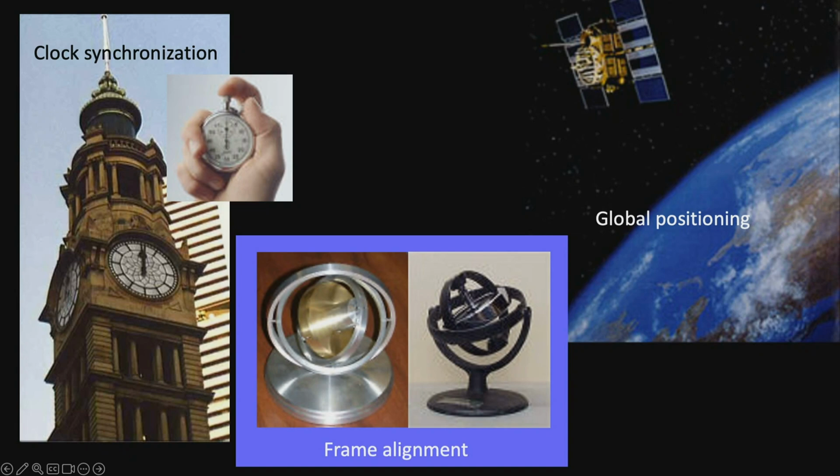Well, it turns out there's a lot of important tasks like clock synchronization, aligning Cartesian frames, which are maybe represented by some gyroscopes you have, or the global positioning system, which can all be thought of as ultimately about symmetry breaking. So what is a clock? It's something that breaks time translation symmetry. And the quality of a clock has something to do with how much information about time I can estimate from the state of that system.